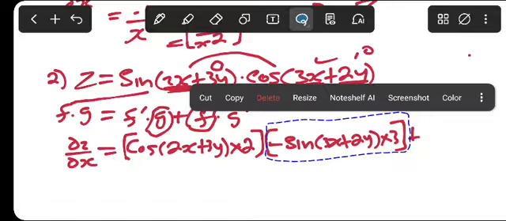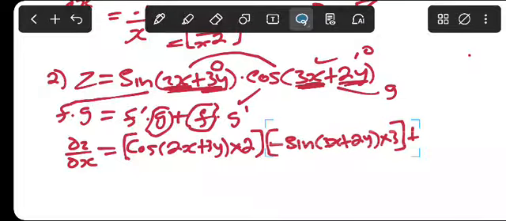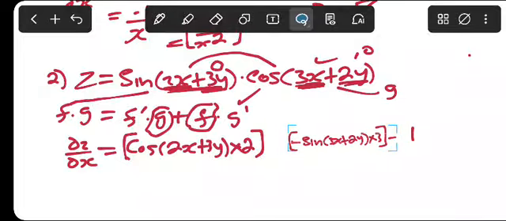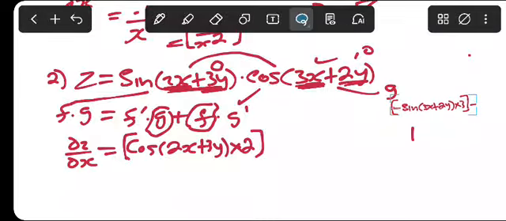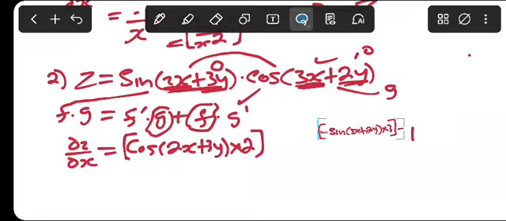Let me take this part. We are supposed to become that side here. Okay, nevertheless, let me just delete these. Let me not waste time.